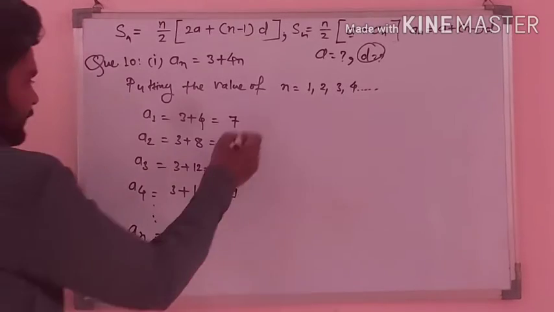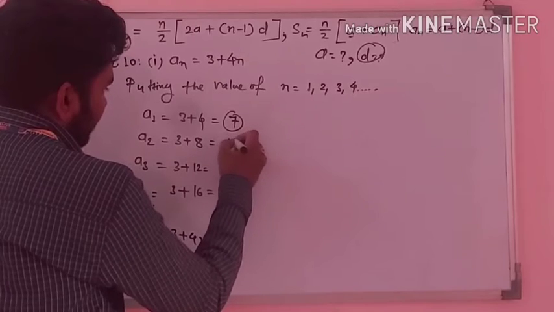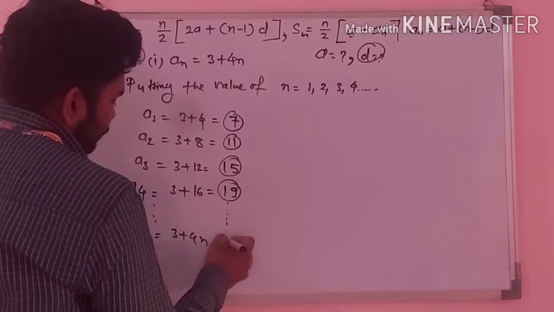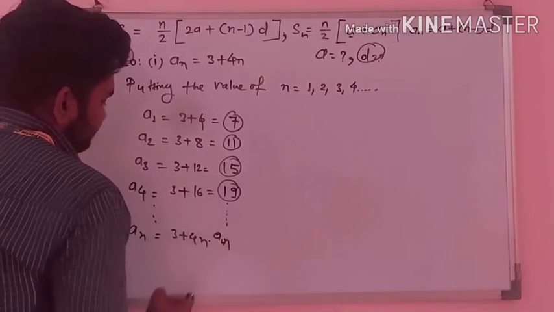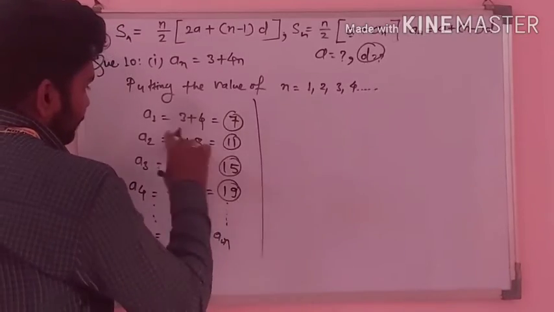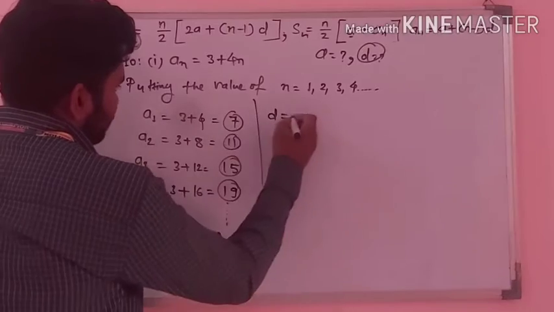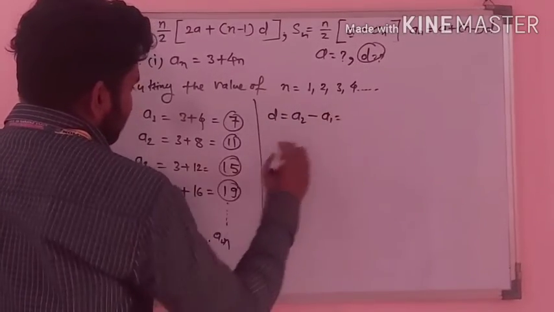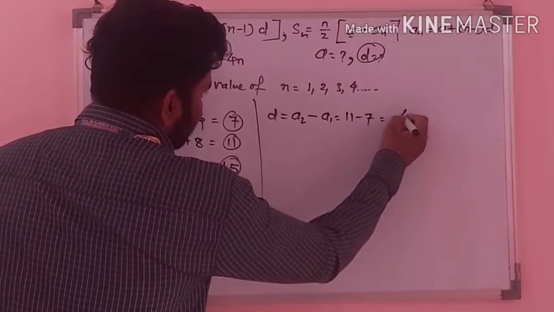Let's say this one is a1, first term, second term, third term, fourth term, and up to so on, this is n terms, an. Here we will find out d. So how will we find d? D is found by a2 minus a1 is equal to 11 minus 7 is equal to 4.